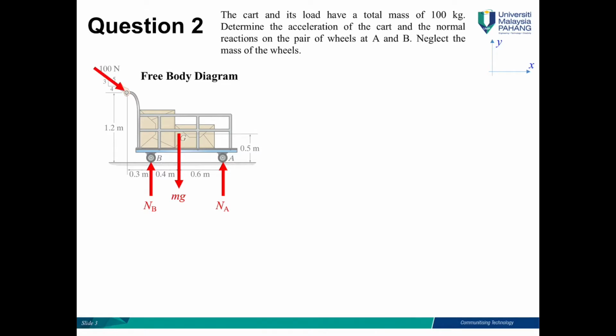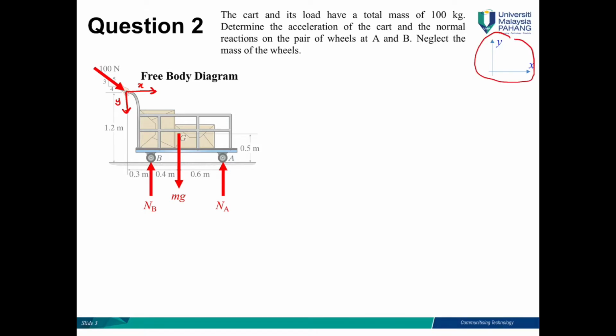So definitely here, we have to separate this into two components. So the force 100 Newton will have the X component as well as the Y component. And again, pay attention to the coordinate system here.